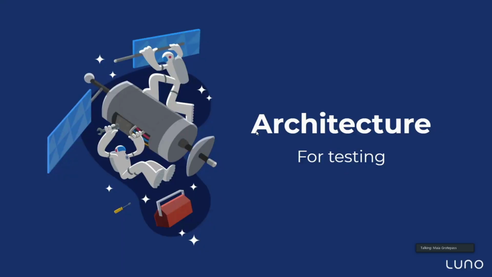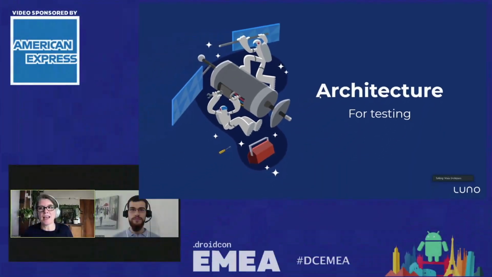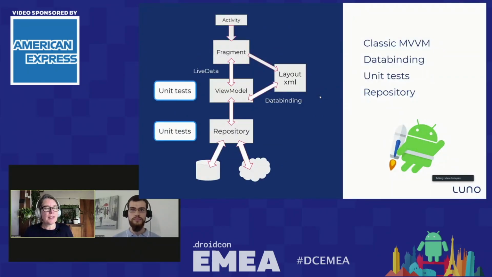Okay, so I will look at our architecture choices and how the change in architecture helped us to improve our testing coverage. This is the pattern that we are following now. We have an activity with multiple fragments. Each fragment has one view model, or more view models if they share, and we use LiveData observables from the Jetpack library to get the information.